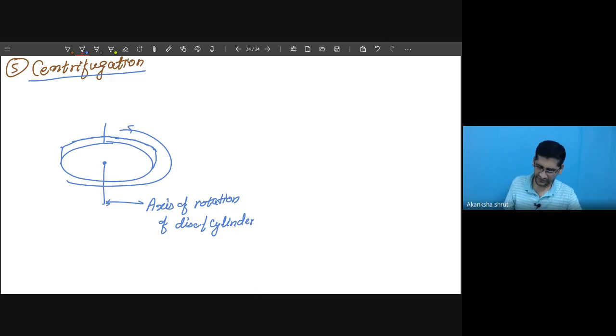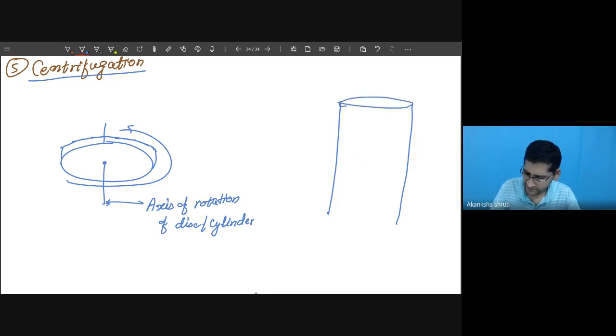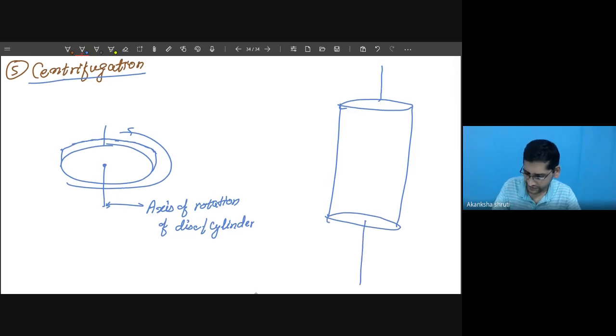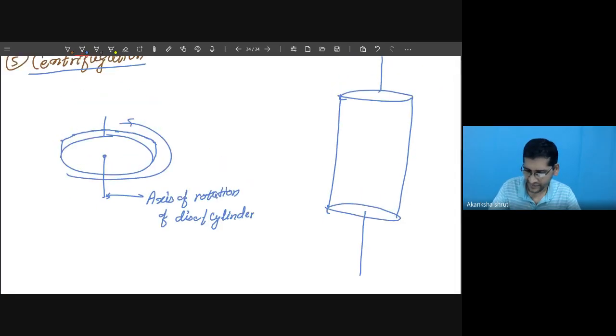Okay, student? Means you are going to put the mixture into a cylindrical box or cylindrical vessel, then this cylindrical vessel is fixed with a rotating mechanism.